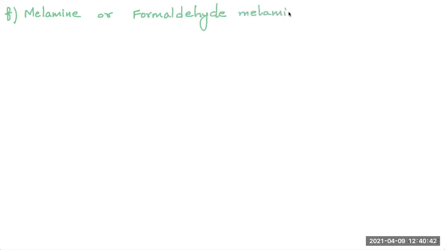Yes, ma'am. How many? Tell me. 5. Yes. What are they? Nylon 6, nylon 6,6, terylene, urea formaldehyde, and the last one, melamine. Good. Now monomers used are melamine and formaldehyde. So I am making melamine.